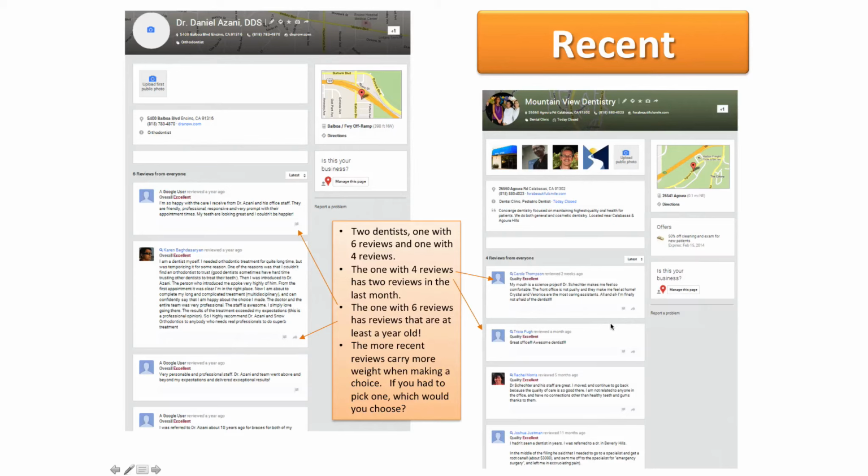And again, if you were to choose a dentist and you had to pick between the 2 of them, which one would you pick? Obviously, you want to go with the one who's got more recent reviews. You have to wonder, why has the dentist not got a review in the last year? Maybe no one has anything good to say about this dentist. Right. So again, having recent reviews is very, very important to the equation. And it's why you have to maintain your service all the time. You have to keep your service going for reviews.